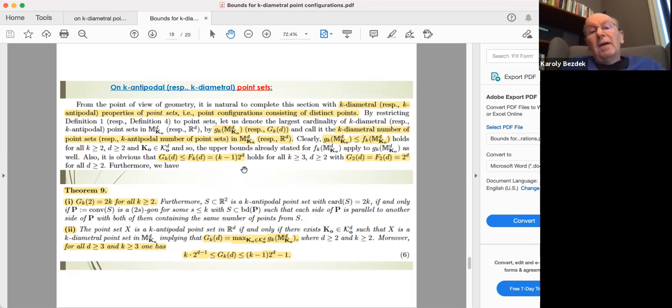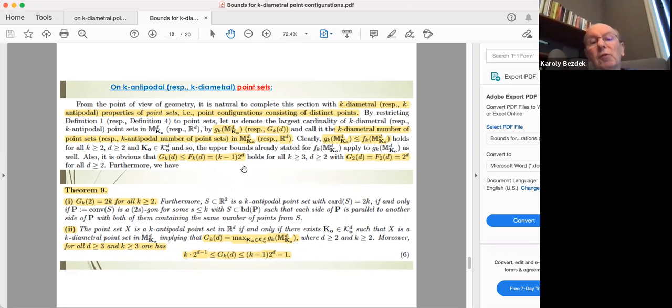But the question here becomes suddenly more interesting from the point of view of geometry, because when we actually look at capital G sub k of d and try to evaluate it for particular choices of k and d, the problem becomes quite challenging.